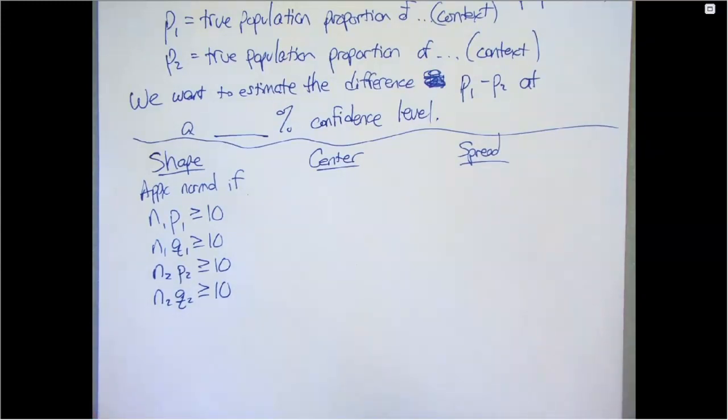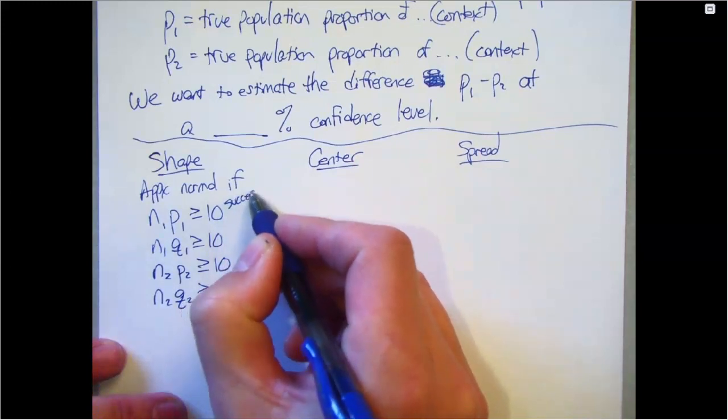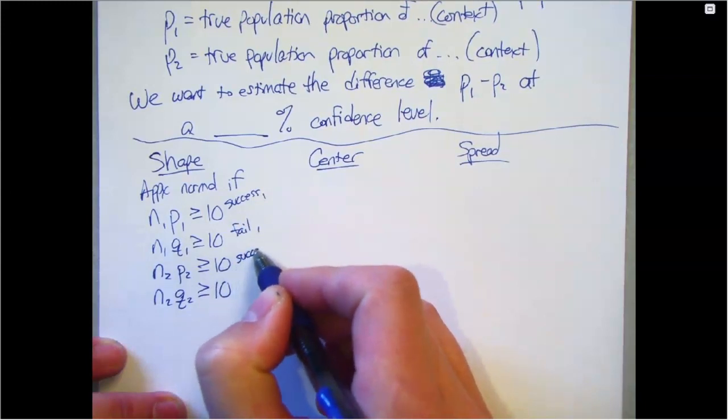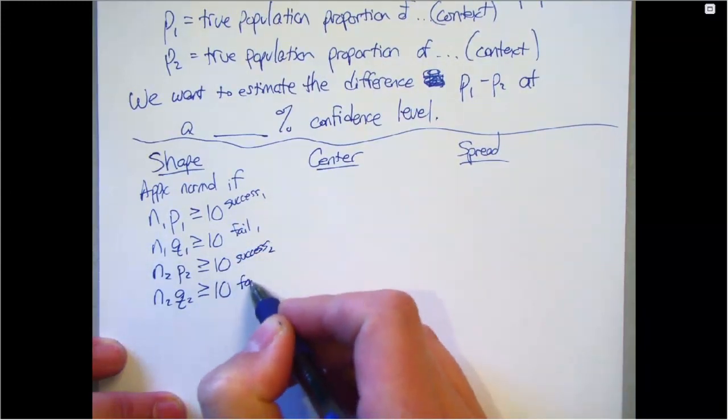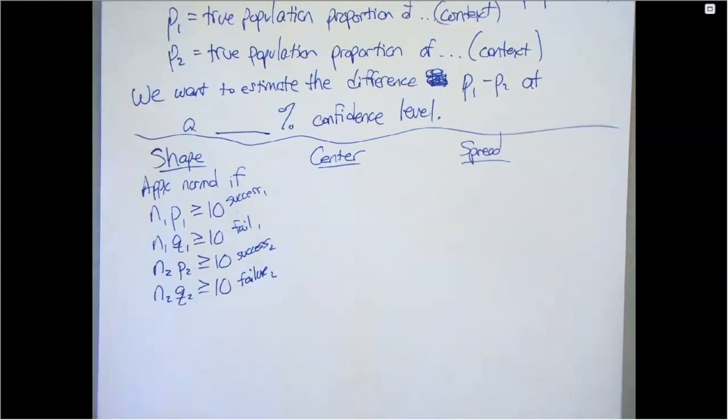If you want to do the success failure thing, this is success 1, failure 1, success 2, and failure 2. Because remember, the other way you can say that is we have at least 10 successes and 10 failures. So that still works. Just writing both down.